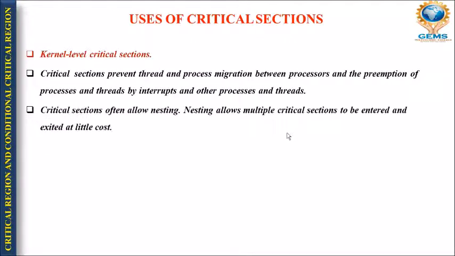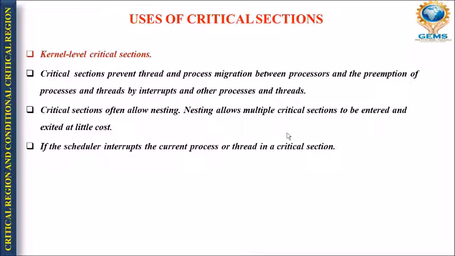It also disables the interrupts and the signals, right? So the critical section allows nesting. Nesting means what? Nesting basically allows multiple critical sections to be entered and exited at little cost. That is really very important regarding the critical section.